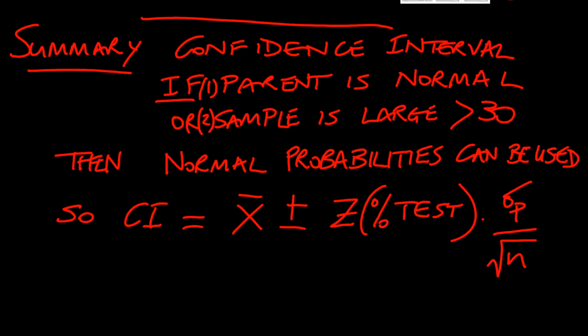So the CI, confidence interval, will be the x bar, the sample mean, plus or minus the normal Z values for the percentage test that you're carrying out, times the sigma of the population divided by the square root of n, where n is the sample size. I hope that's of use to you, and thank you for watching.